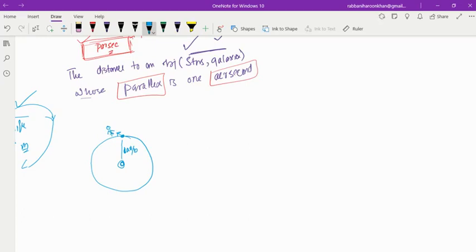Is it visible? This is Earth and this is Sun, right?